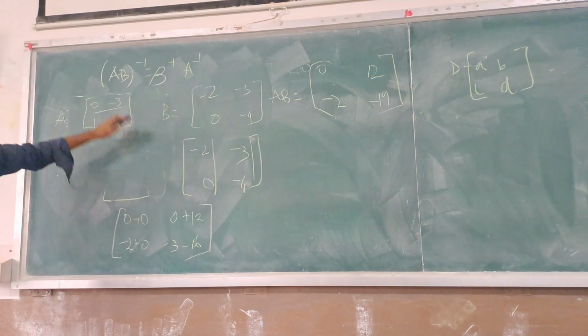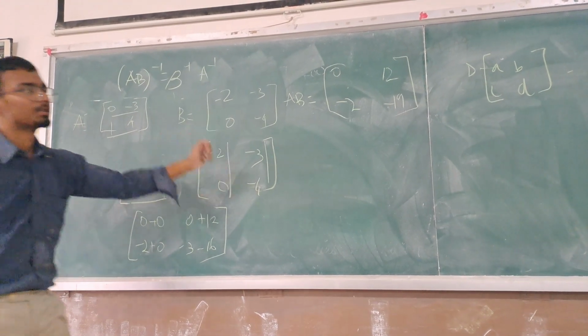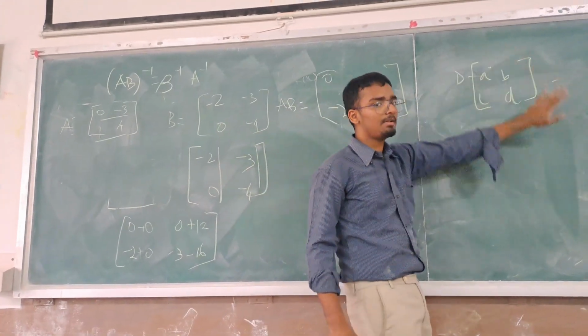Before calculating the inverse of A into B, I will explain the formula. So here we have a D matrix.